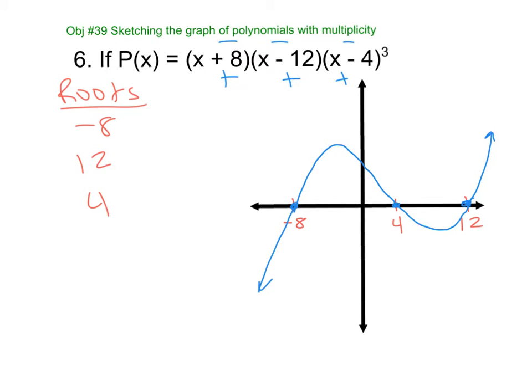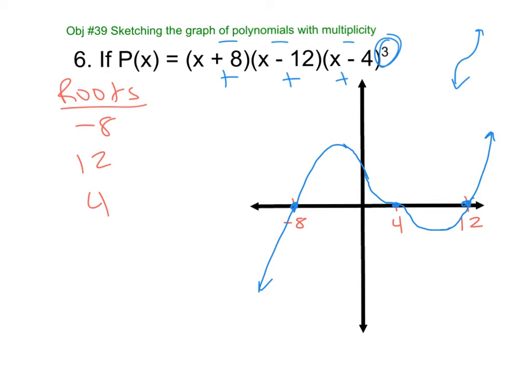That's not actually what happens. This 3 causes something to happen. Remember, what does an x cubed look like? It looks like that. It's got that little, I like to call it a spaz out point. So what's happening is that, like with the last one where it had the little parabola, at 4, it actually has a little curve to it, where it's got this inflection, an x cubed kind of going through the 4.